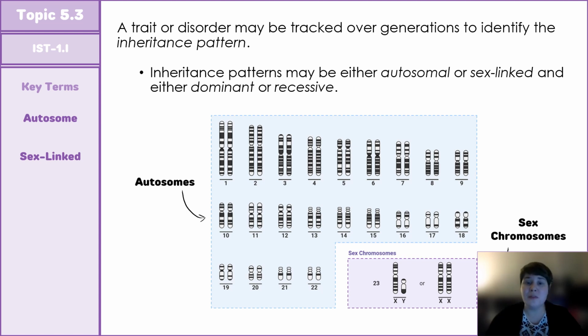So chromosomes in humans 1 through 22, those are our autosomes, and our 23rd pair are our sex chromosomes. When we look at sex-related characteristics, oftentimes we also have to consider that females have an X and an X, and males are going to have an X and a Y in humans.